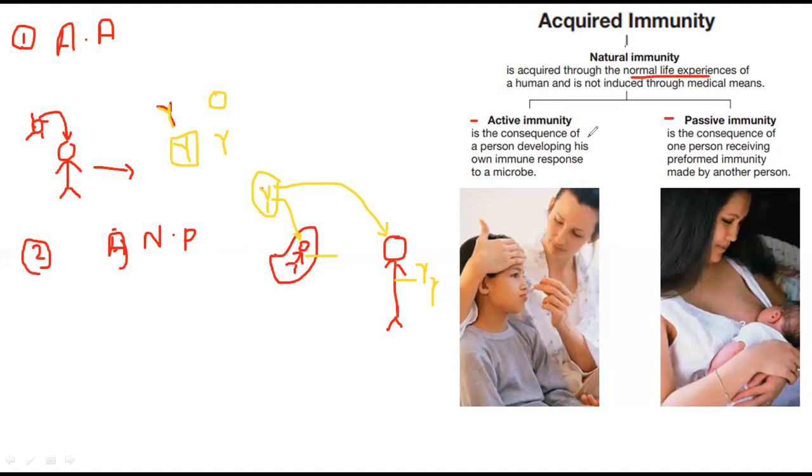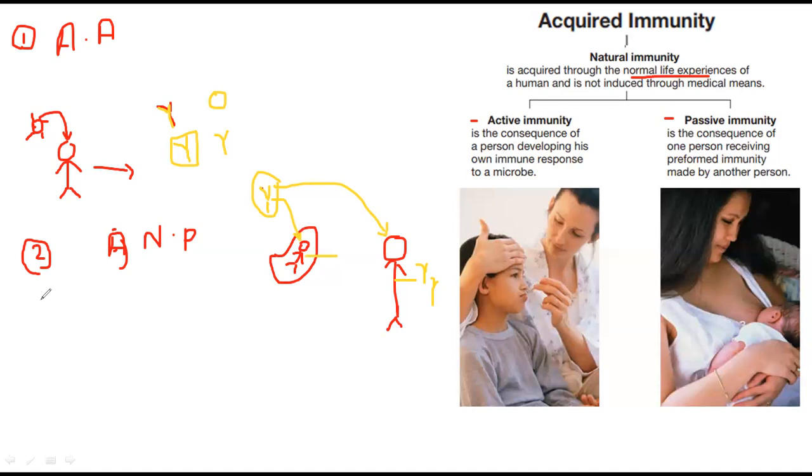He has just borrowed the antibodies from his mother, but it is natural, because the mother is actively and naturally producing antibodies against the pathogen, and then they are transferred to the baby. So it is produced naturally, but given to the baby in a passive way. That's why it is known as acquired natural passive immunity.